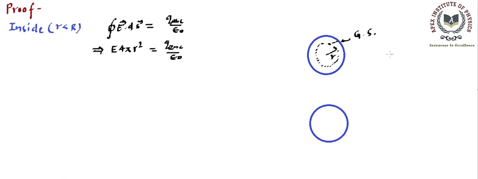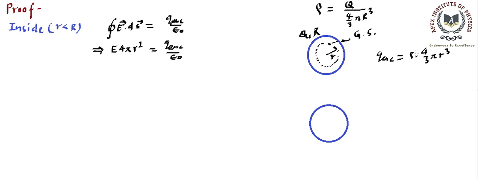So let's find the charge enclosed. Q enclosed will be the density into the volume, since it's uniform. The volume is 4 by 3 pi small r cube. If it is uniformly charged, total charge is Q and total radius is capital R, so the density rho is going to be Q divided by 4 by 3 pi capital R cube.